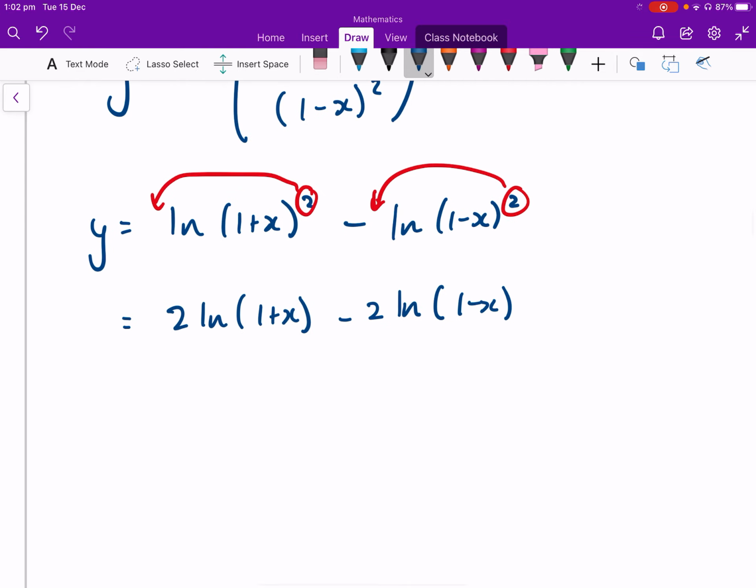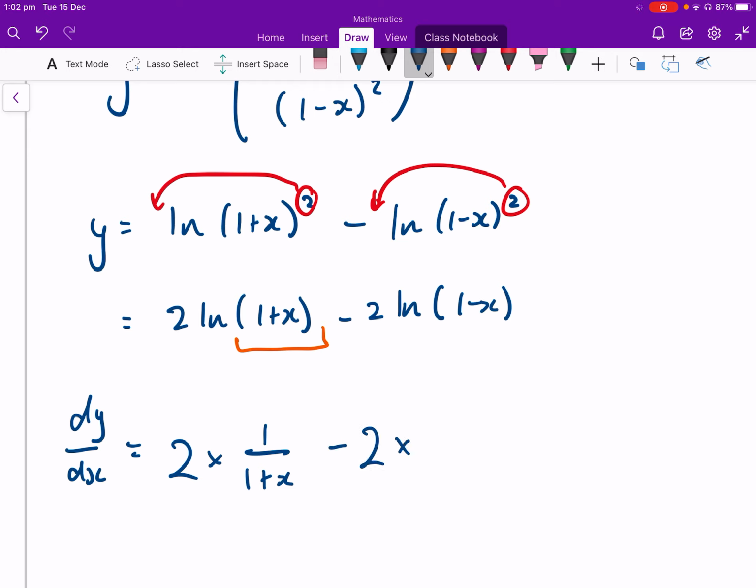Now I can easily differentiate this. So here I'm going to go dy/dx. I'm going to derive this part here, and that will become my numerator. The derivative is 1, but remember I have this multiplier of 2 out the front, so it's going to be 2 multiplied by 1 over the function in there, which would be 1 + x, minus 2, because I have this here, times deriving this, so that'll be negative 1, over 1 − x.